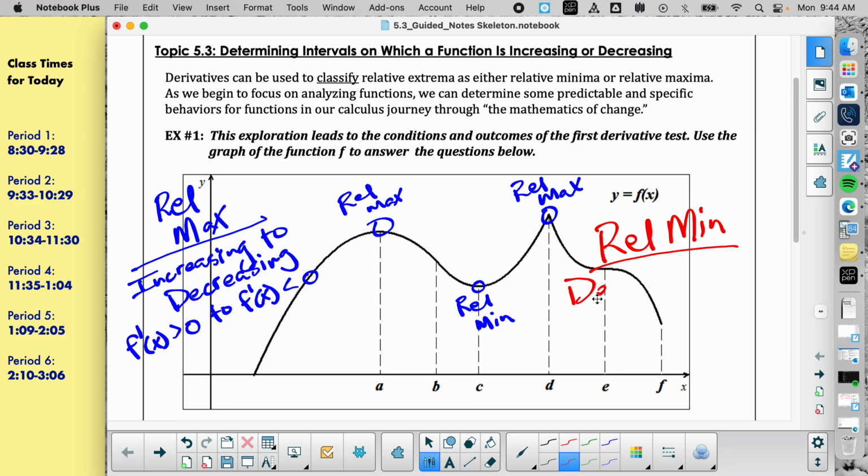Perfect. Decreasing to increasing. Now, we always read everything left to right, and so that's why we're allowed to write it this way. So we would say f prime of x is less than 0 to f prime of x greater than 0.